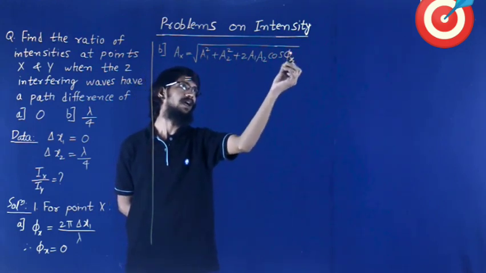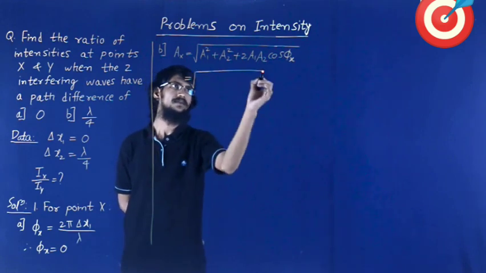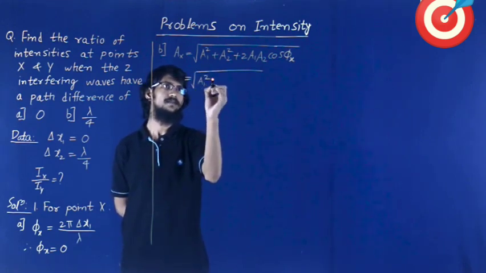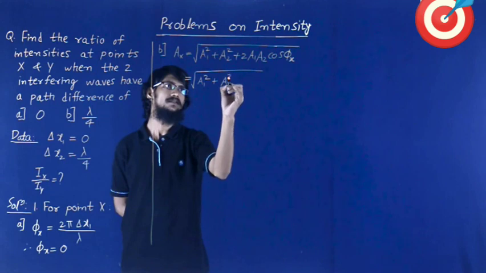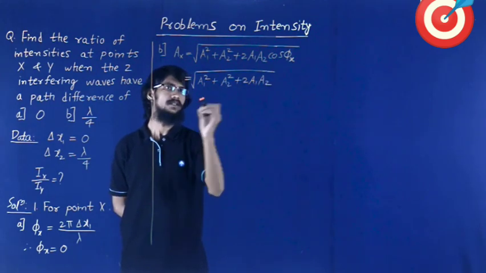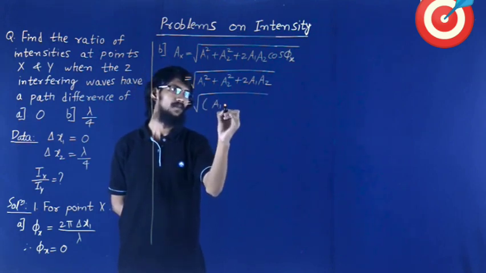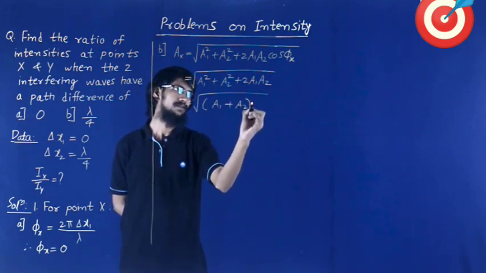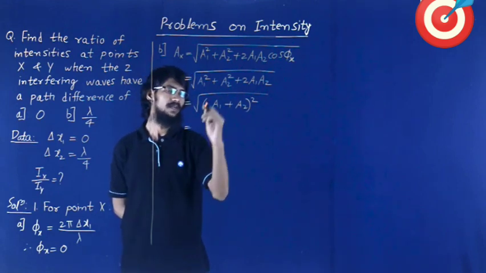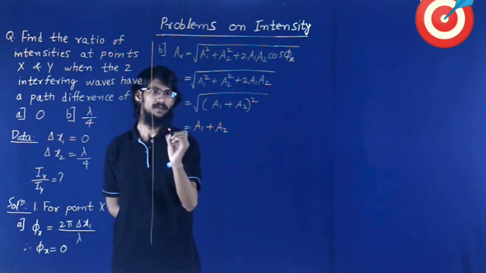Since this phi is 0, cos 0 is going to be 1, so we will get square root of a1 square plus a2 square plus 2a1 a2. This is nothing but square of a1 plus a2, right? So square and square root get cancelled. We will get a1 plus a2 is equal to amplitude at point x.